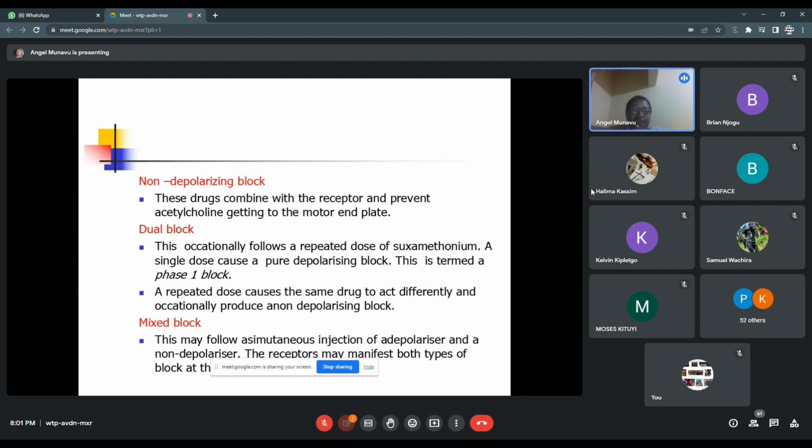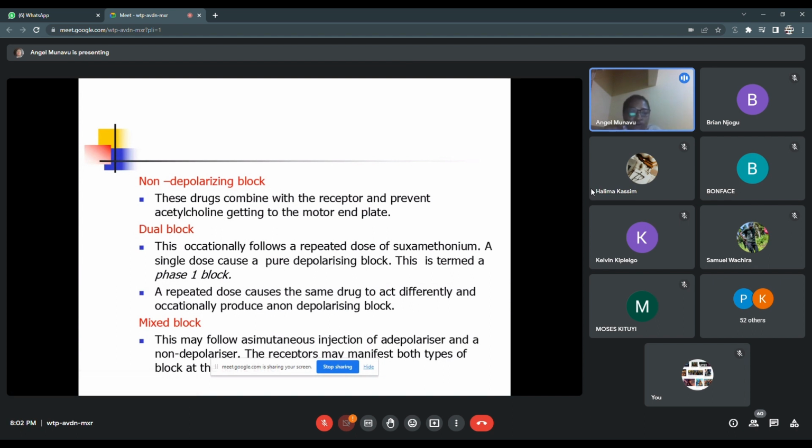And then acetylcholine cannot come back and occupy. So there is not going to be any contraction until this drug is removed. These non-depolarizing drugs stay longer. Actually, we call them long-acting muscle relaxants because they stay long on those receptors compared to the depolarizing blockers.